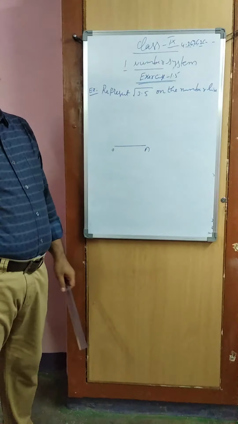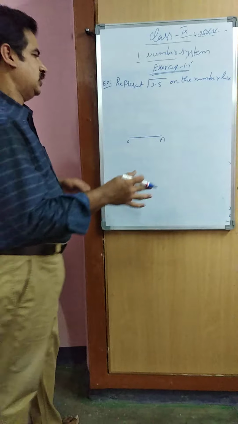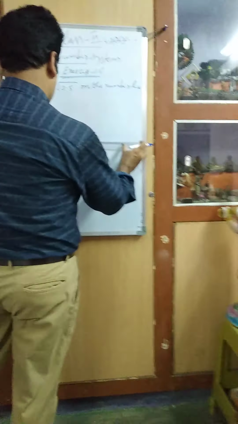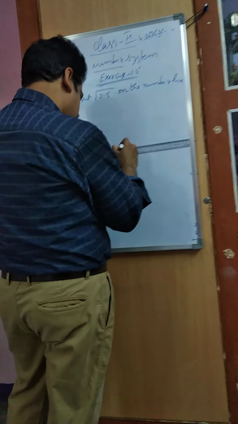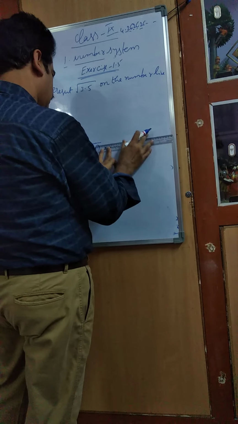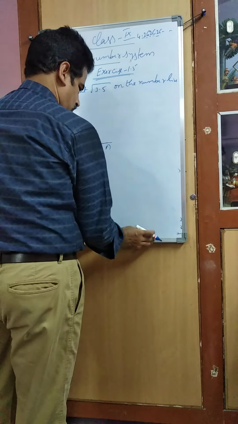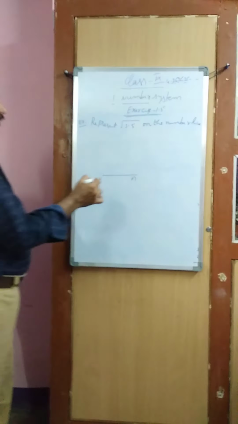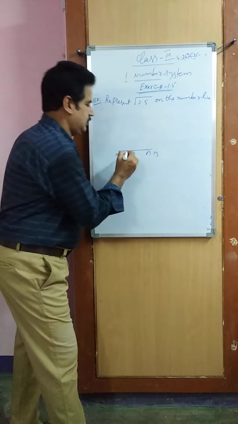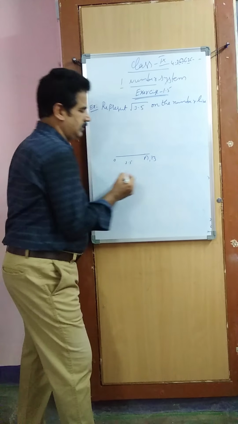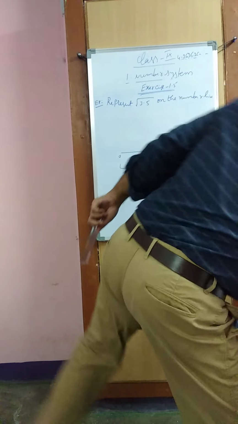Name it as OA and take hereafter 1 centimeter extra. Take 1 centimeter extra. This is B. Okay, this total OB length, how much? This is 3.5, this is 1 centimeter, total 4.5 centimeters.